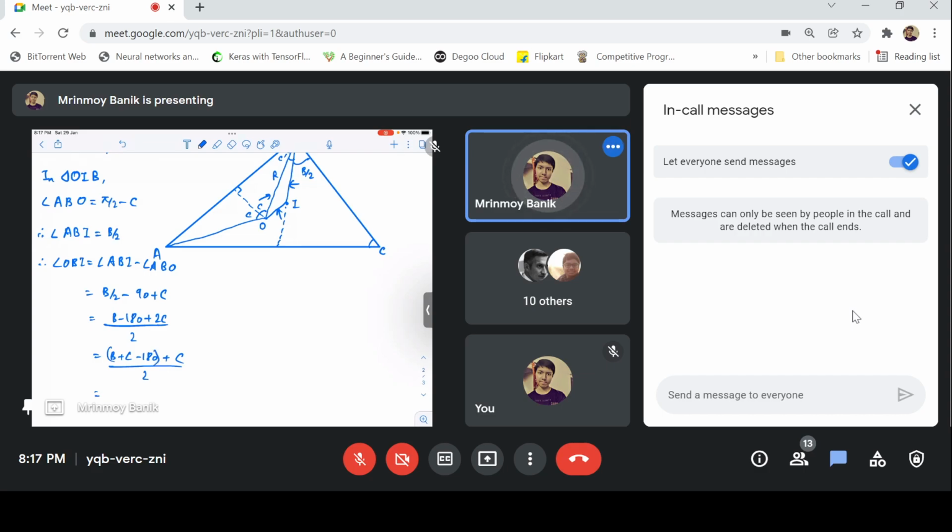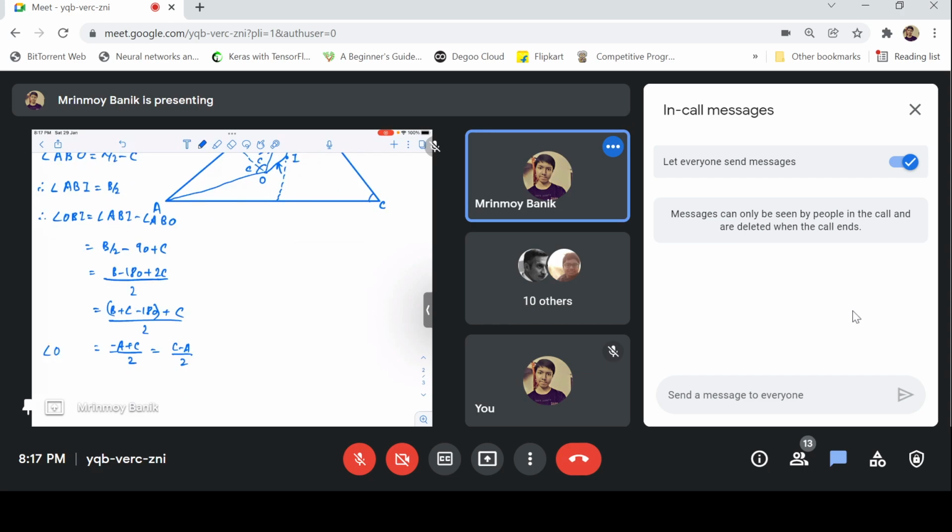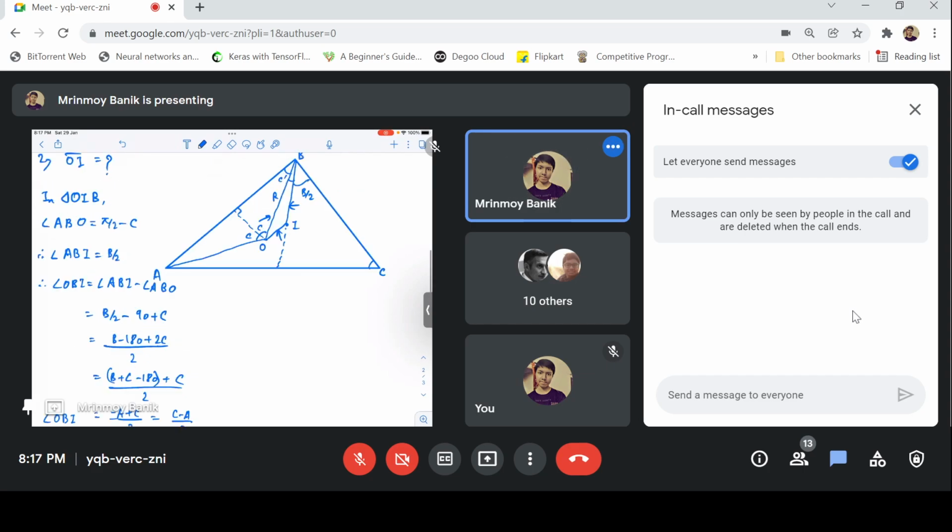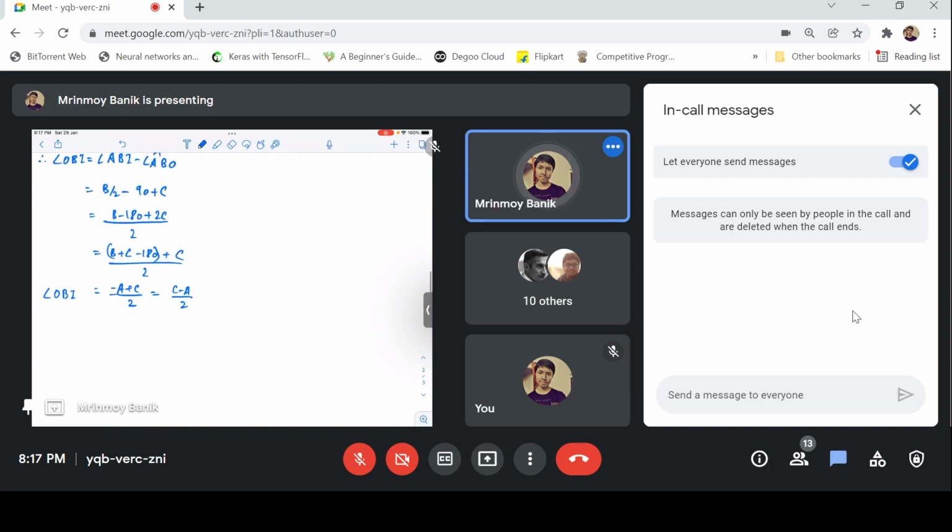This is A. So A plus C by 2. No, sorry, this is minus A. So it's (C minus A) by 2. Okay. So angle OBI. So we got hold of one of the angles.